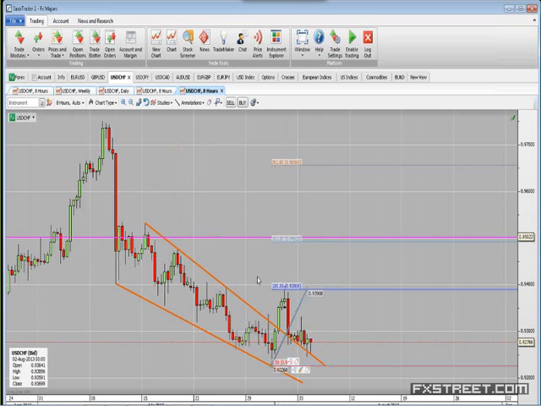We're looking for higher levels. 95 is prime, or just under 95. With wedge breakouts, the target is the start of the wedge, which is actually coming in at 95.32. However, we've got a 161.8% projection level just underneath that, 94.92. So that would be my first target area.